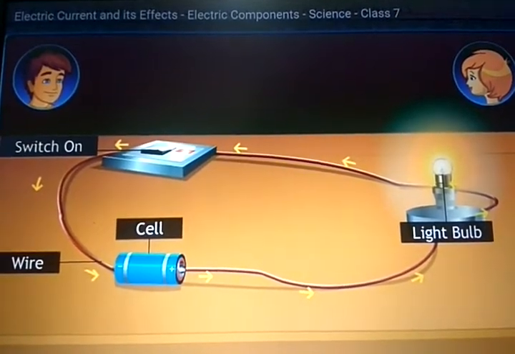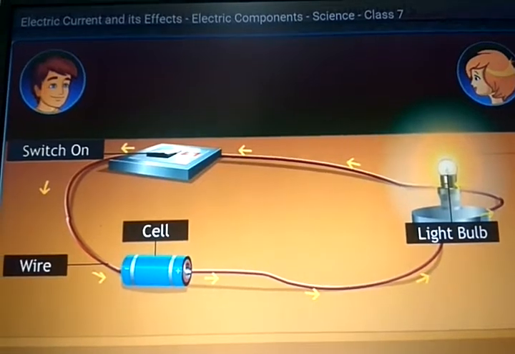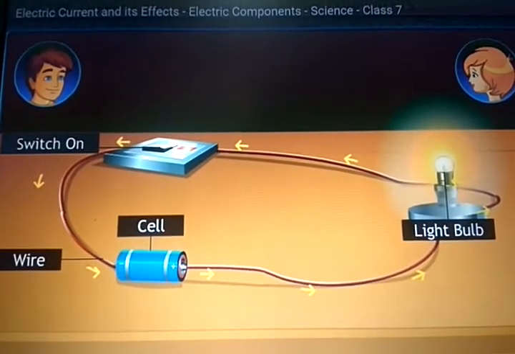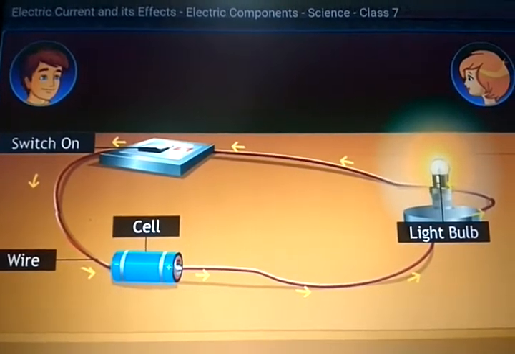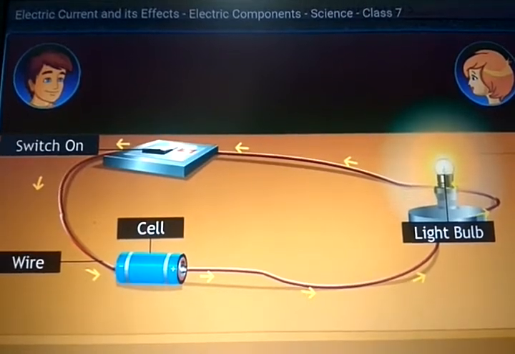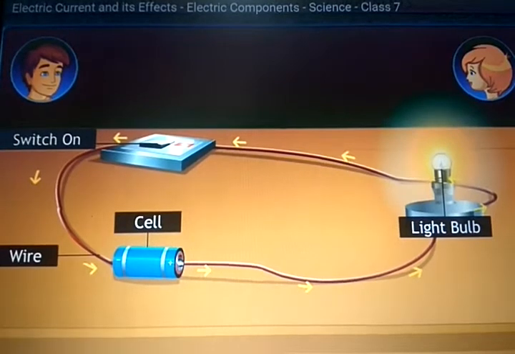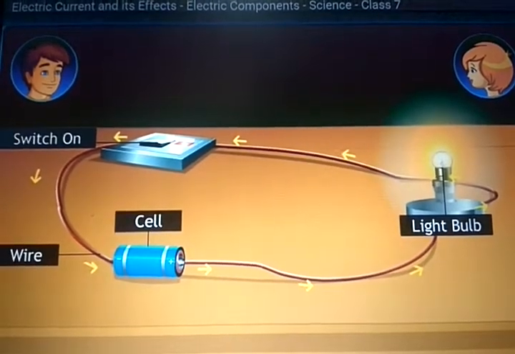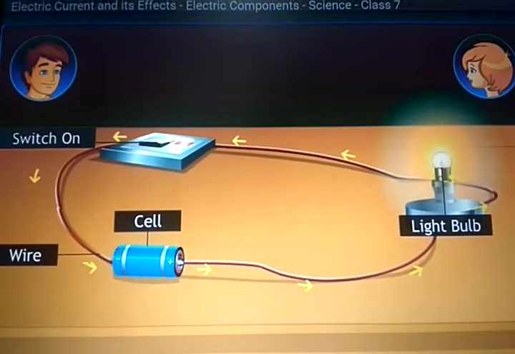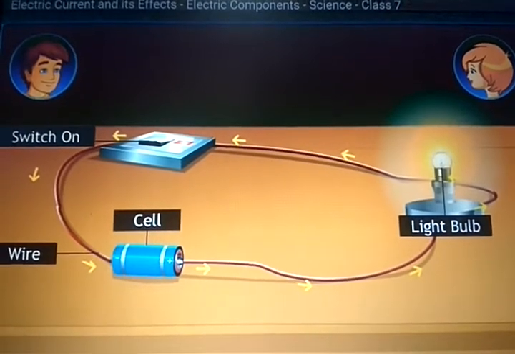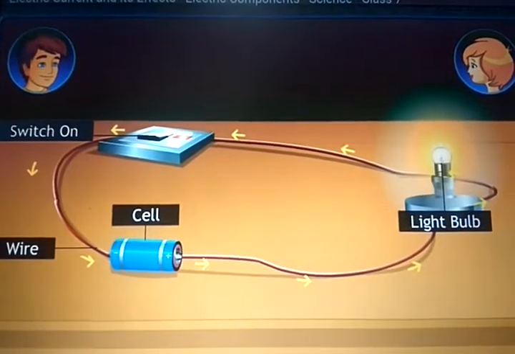Here they have taken an original switch, but we can make a switch with the help of a safety pin. A bulb, an LED bulb, costs 1 or 2 rupees. The cell will be in your house, and you may also have wire lying around. So with the help of this you can prepare this simple circuit and also that game.